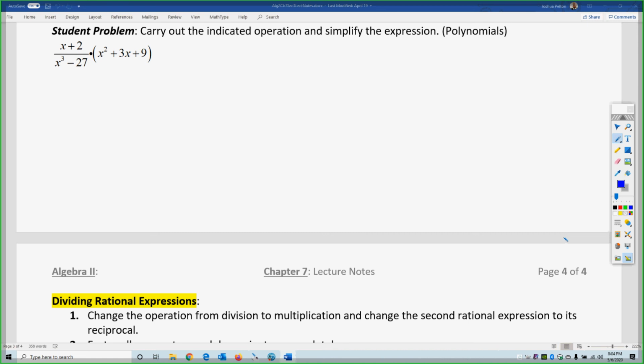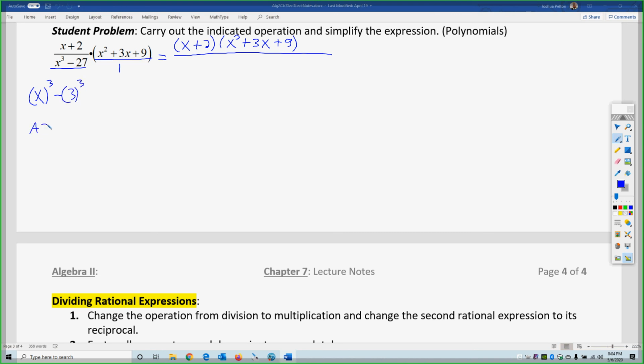Okay, so again, this is really over 1 if you think about it. So this is x plus 2 and x squared plus 3x plus 9. On the bottom, we can ignore the 1 because 1 times anything is itself, but we have a perfect cube difference here. So this is x cubed minus 3 cubed.